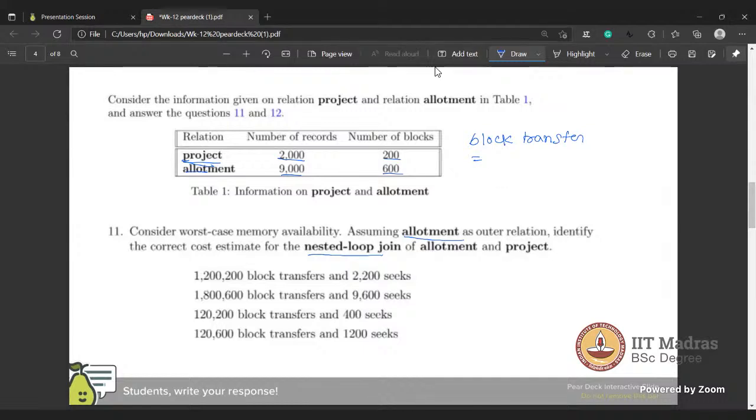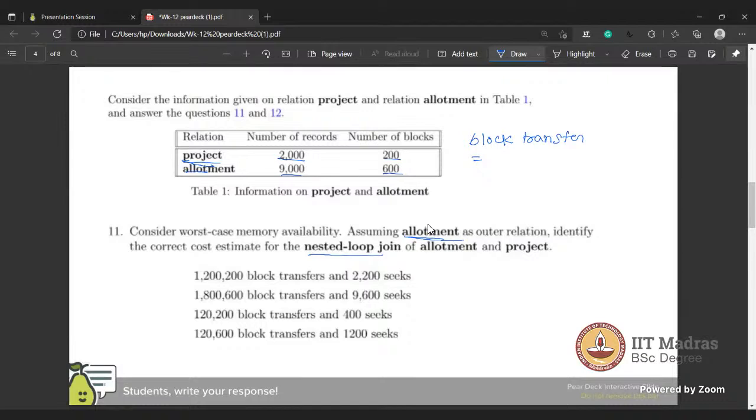Sir, one thing: whenever it says worst case memory availability, then we have to select whichever arrangement is giving the lowest number of blocks, no? We have also mentioned allotment as the outer relation. Okay, so that will take over.